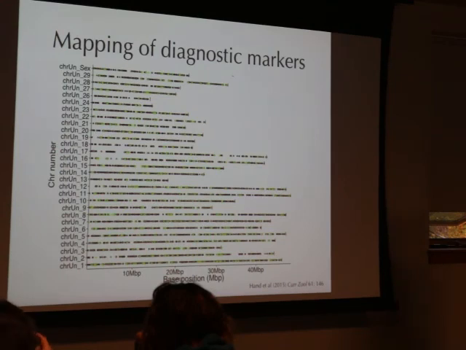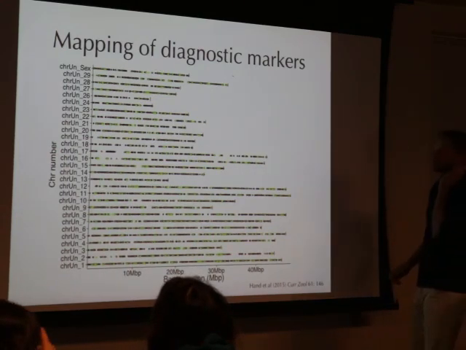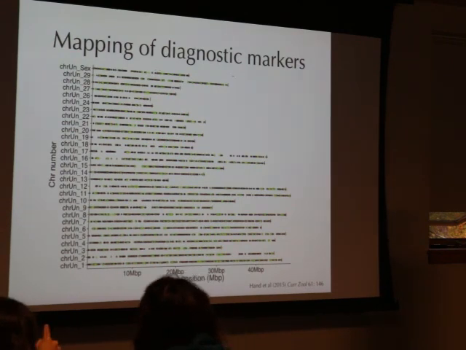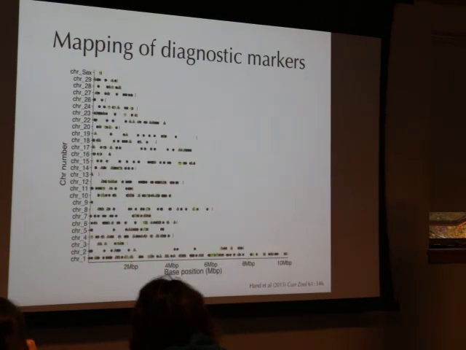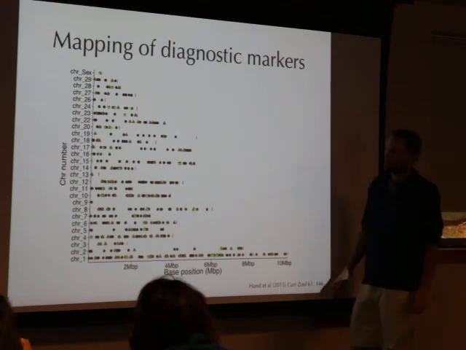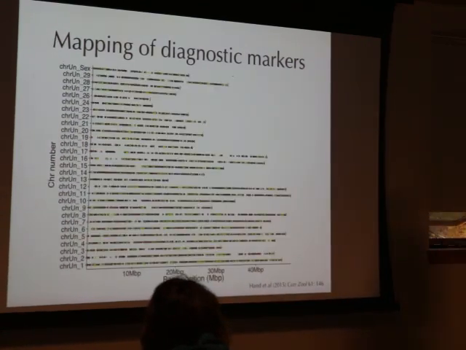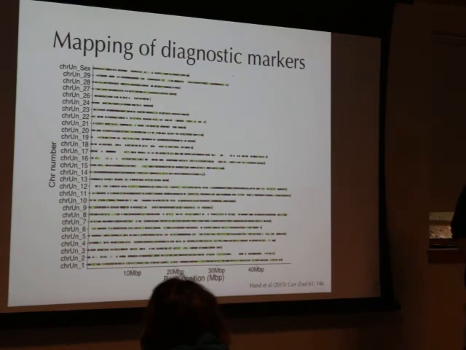Now we have all these nicely mapped diagnostic markers, and we can scan across the genome and look for patterns of introgression. One thing you might notice: these are all the markers that align to the assembled chromosomes, and these are all the markers that align to the essentially unassembled chromosomes.